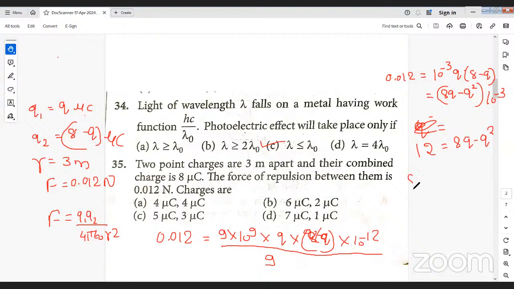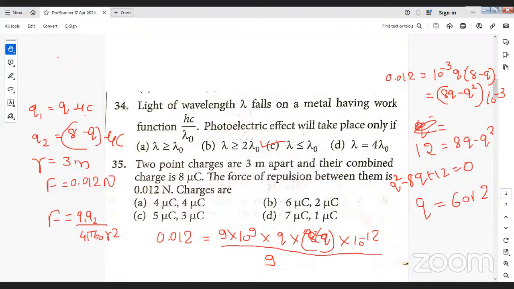So therefore it will be q square minus 8q plus 12 equal to 0. You know how to simplify a quadratic equation. Therefore q is equal to 8 or 2 when you check. That is option B, the correct answer.